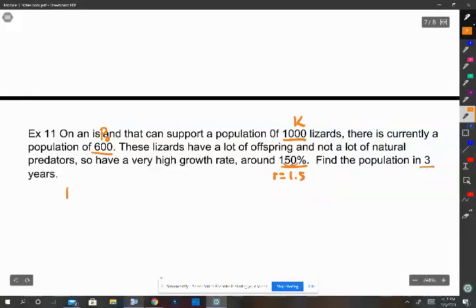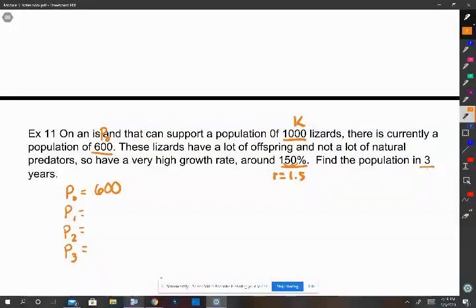In order to do this, you have to find P sub 0, P sub 1, P sub 2, and then find P sub 3. So P sub 0 is easy because that's 600. But then I would have to do this same process 3 times in order to get to P sub 3.